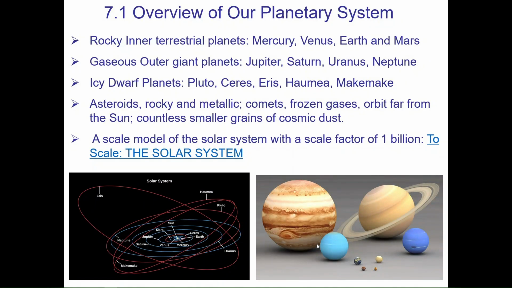And even beyond the orbit of Neptune, we have what we call icy dwarf planets. There are 5 icy dwarf planets, and Pluto may be the famous one. Pluto used to be a major planet.